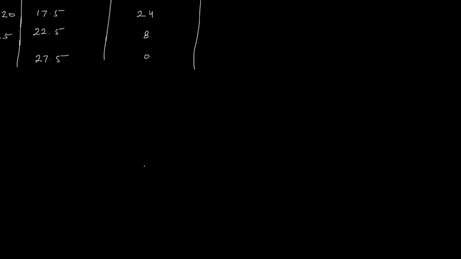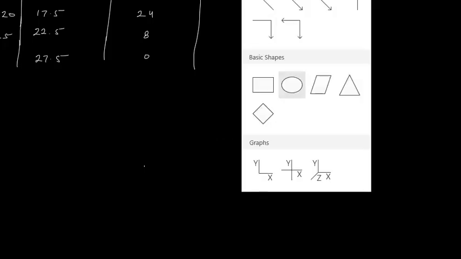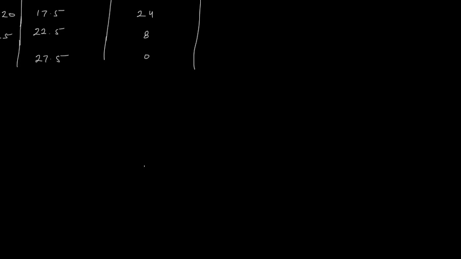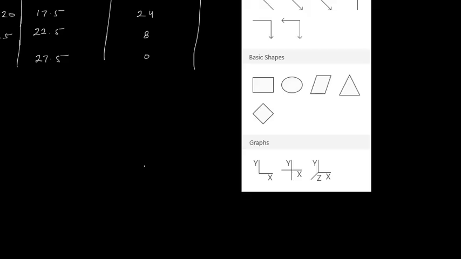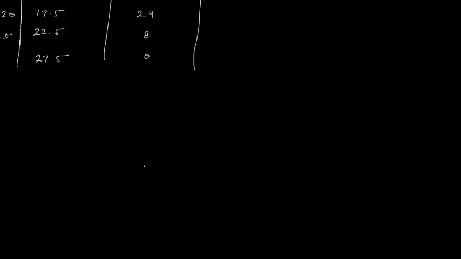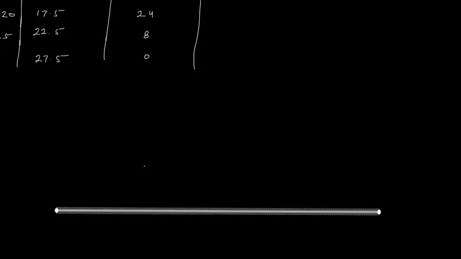Better, let us erase them and draw lines instead, which will be much better. I have one line which will indicate the x-axis, and then one vertical line.